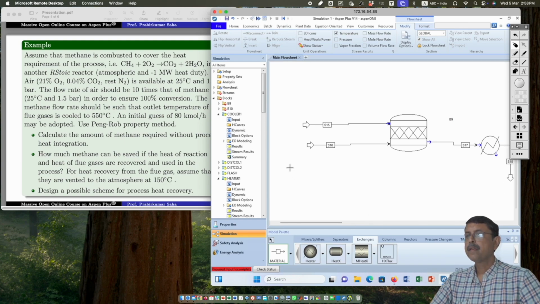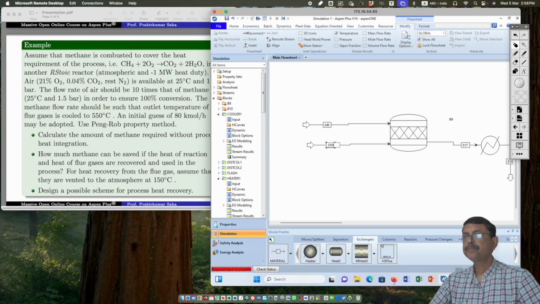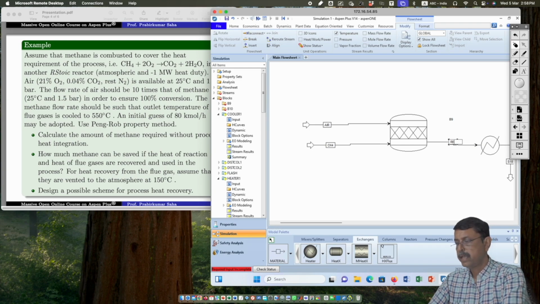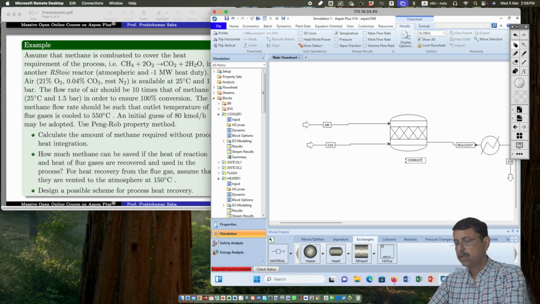Okay. So let us rename them first. This is our air. This is methane. This is our reactor output. This is our combustor.